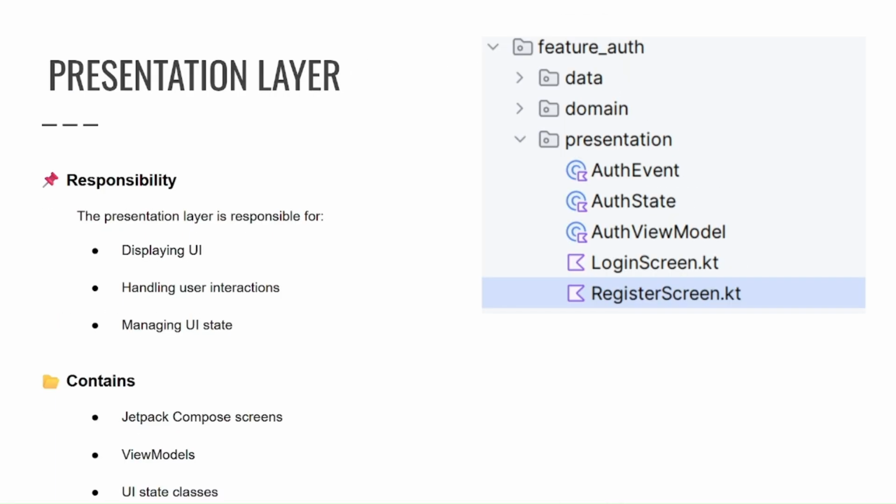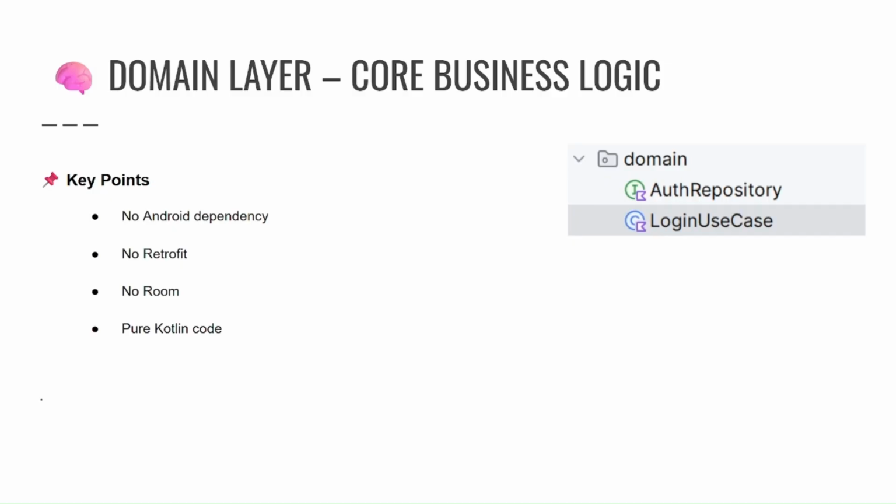Our next layer is the domain layer. The domain layer is the core business logic, the heart of clean architecture. The key point not to miss is that the domain layer does not contain any Android dependency, and also does not contain Retrofit or Room. It only contains pure Kotlin code, in which the use cases are written.